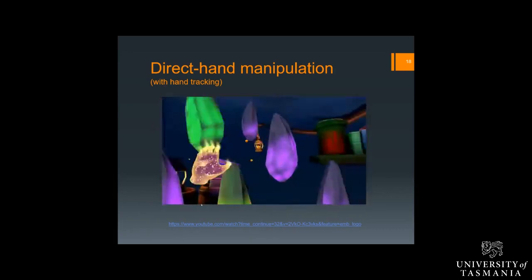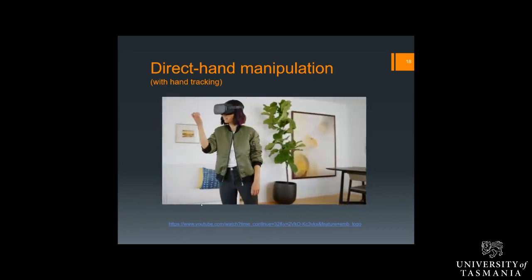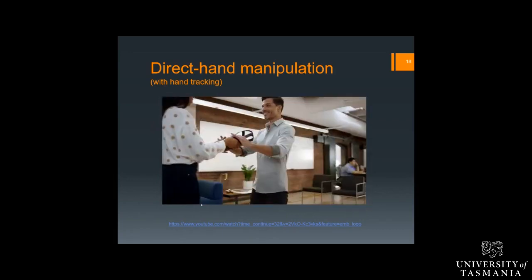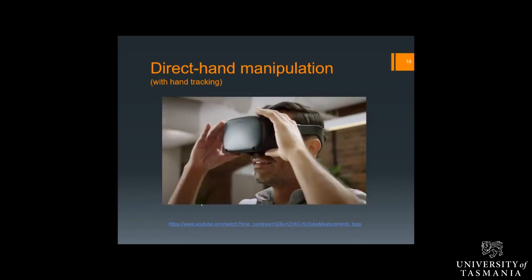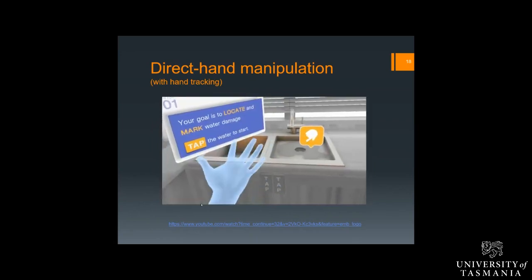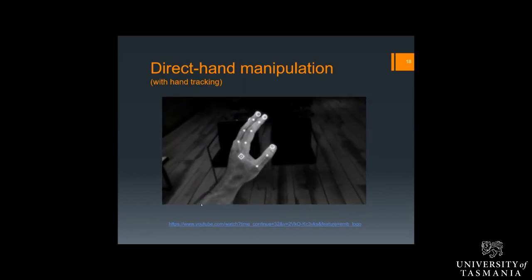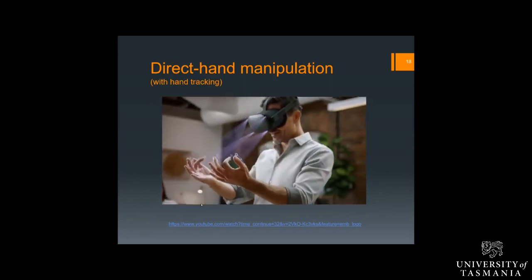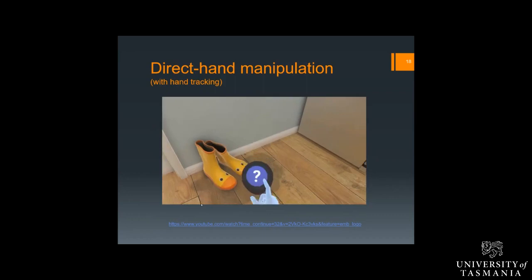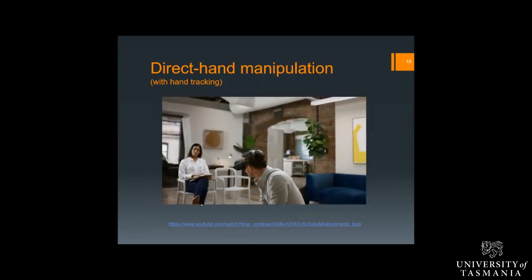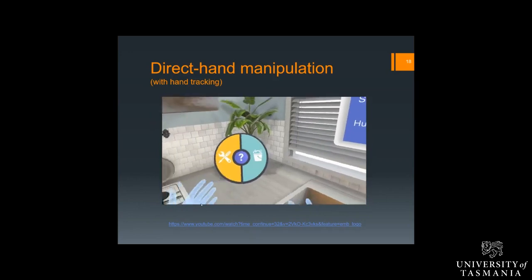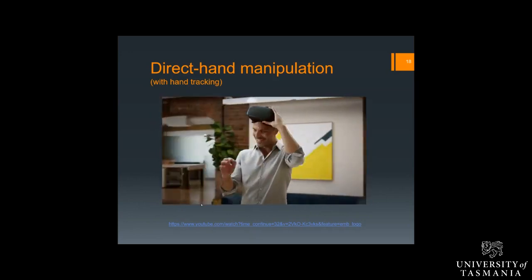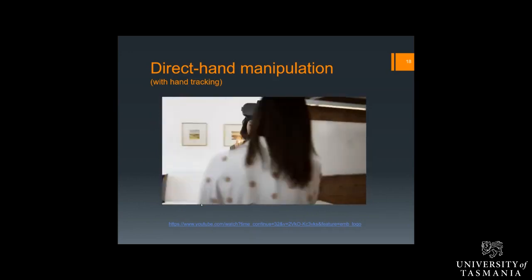And this has become a common standard for a lot of VR and AR devices. HoloLens 2 is the same. So this is the Oculus Quest that we played with in the practical session last week. And you can develop your assignment 2 or 3 on this headset.